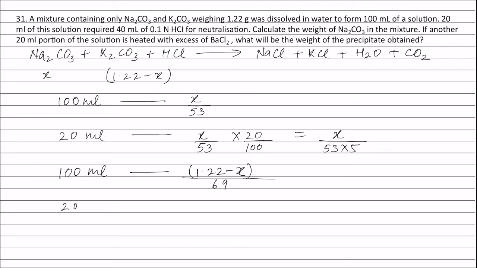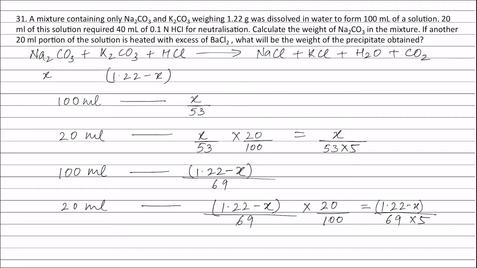Therefore, 20 milliliter of the solution will contain 1.22 minus x divided by 69 into 20 by 100 equivalents of potassium carbonate, and this is equal to 1.22 minus x divided by 69 into 5 equivalents of potassium carbonate.